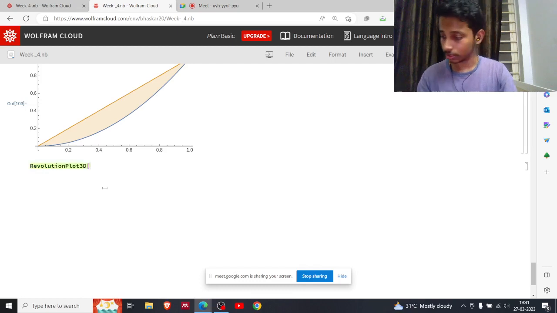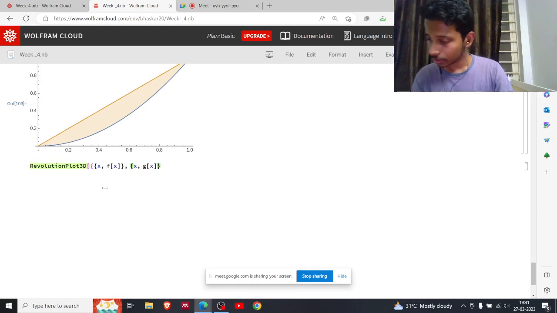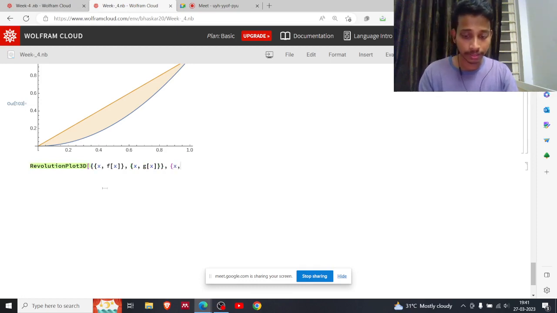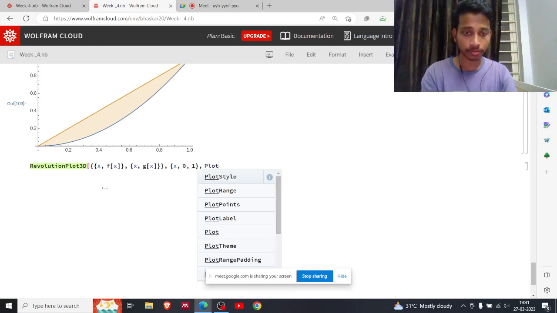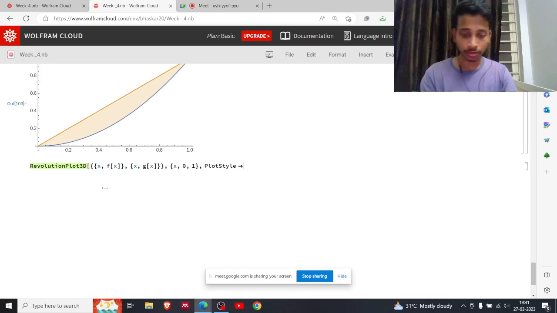Revolution plot 3D, with f(x) and g(x), x from 0 to 1, with style and opacity 0.6.